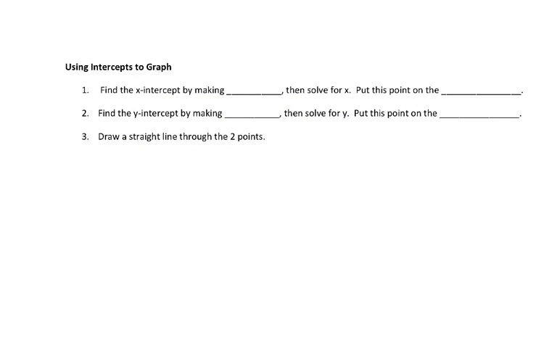Okay, one more thing. We'll talk about x-intercepts and y-intercepts. We can find them in equations by making the opposite letter be equal to 0. So if we're finding an x-intercept, we make y equal 0, and then we solve for x. And we put this point, because it's an x-intercept, on the x-axis.